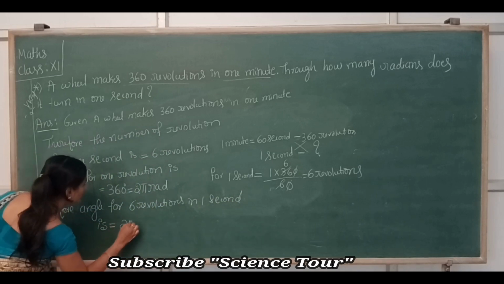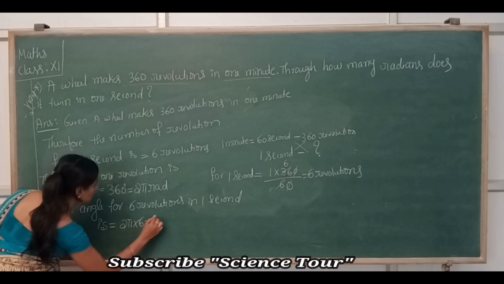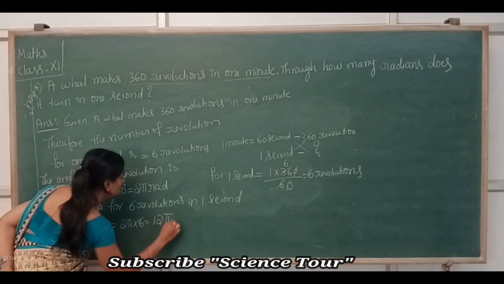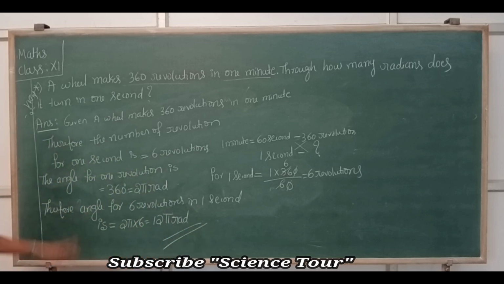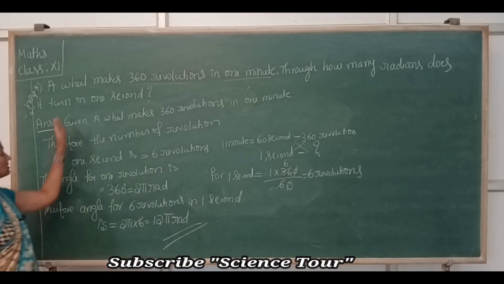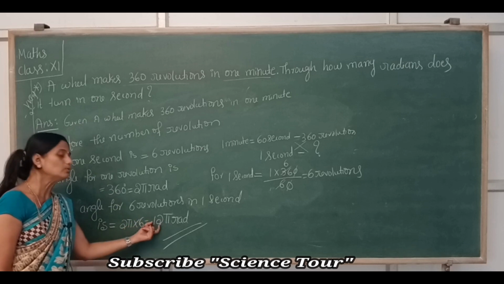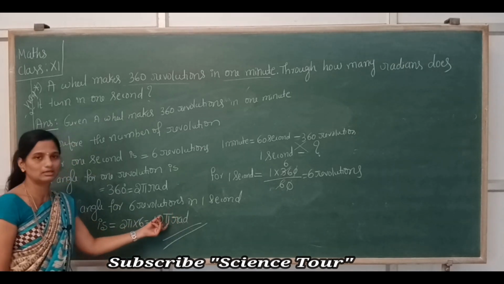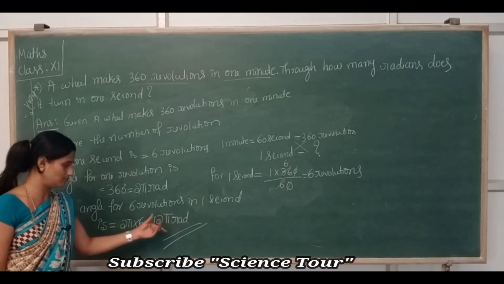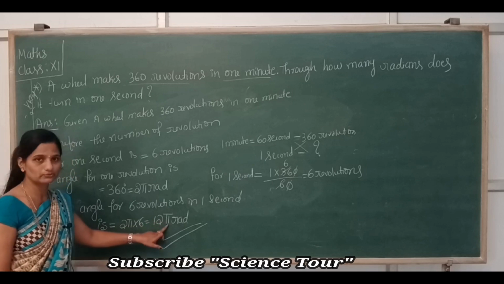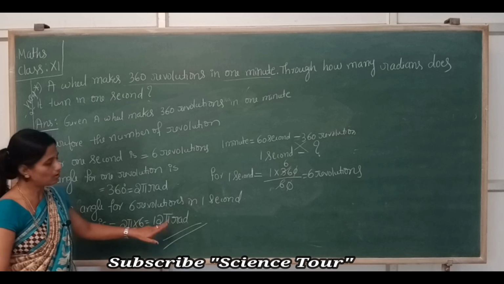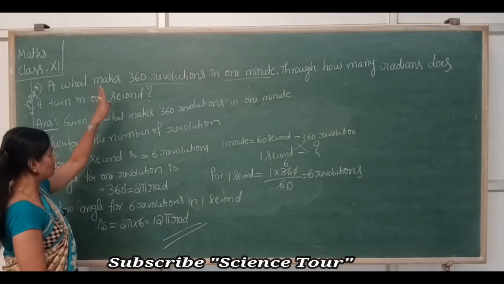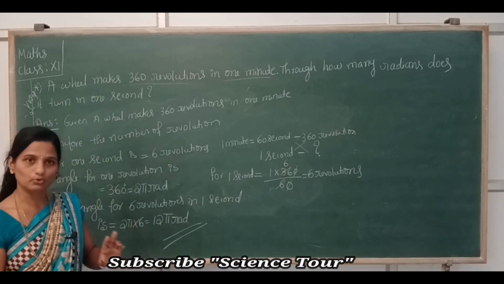So 2 pi into 6, that is equal to 12 pi radian. So through how many radians does it turn in 1 second? Through 12 pi radian it turns. So pi you can substitute as 22/7, or you can substitute 3.14, or you can keep it as it is. This is a very important question for 2 marks.